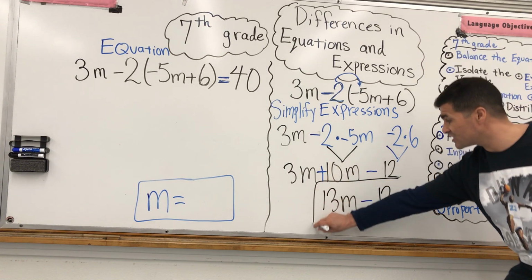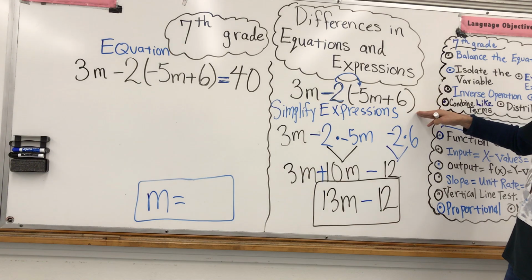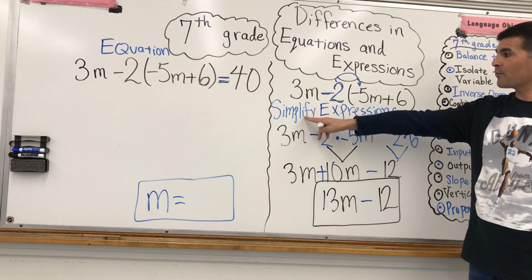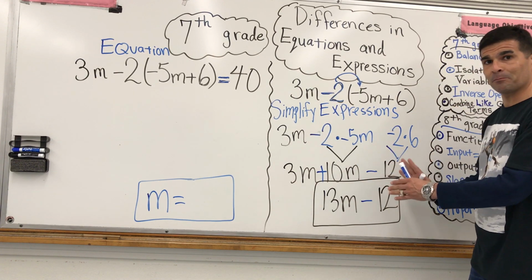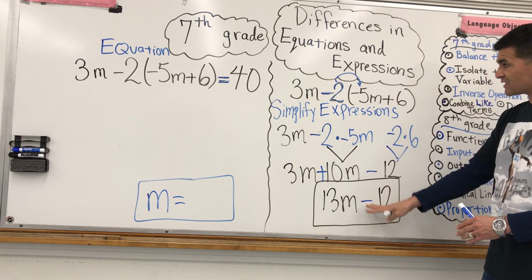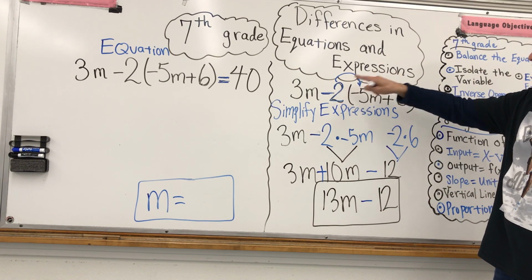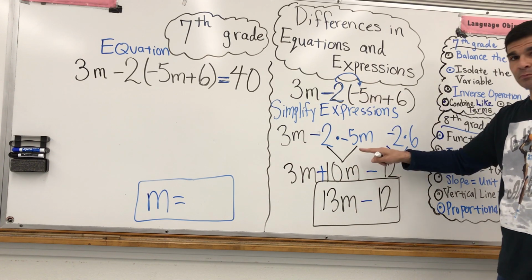This is actually the solution. Look at what we started with, how long this expression was. Haven't we shortened it up? Well, you have to think about what the word simplify means. It means to make shorter, to make simpler. This is shorter and simpler, and it's the same as this. This expression is the same as this expression. They are the same expression.